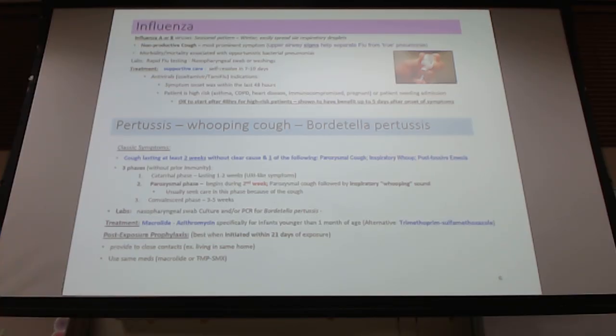This is when the parents really figure it out, they get this very classic whooping sound where they're almost gasping for air. It's an inspiratory sound where they're coughing so much that they kind of have to suck in air very quickly. It's kind of like that croup. Remember after a few days they get the barking cough and then the parents are like, whoa, this is weird, and they bring them in.